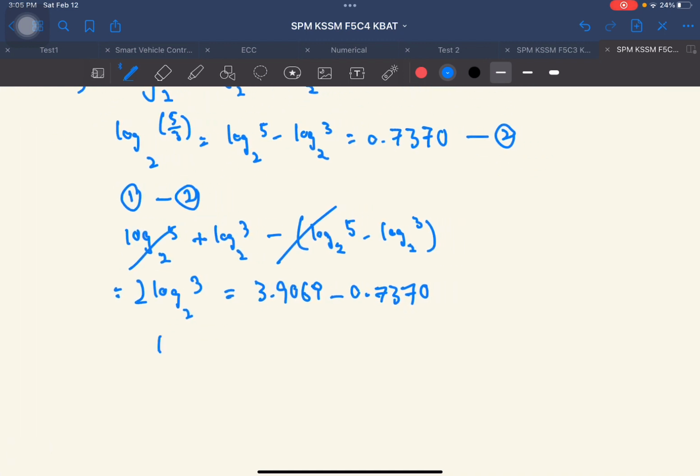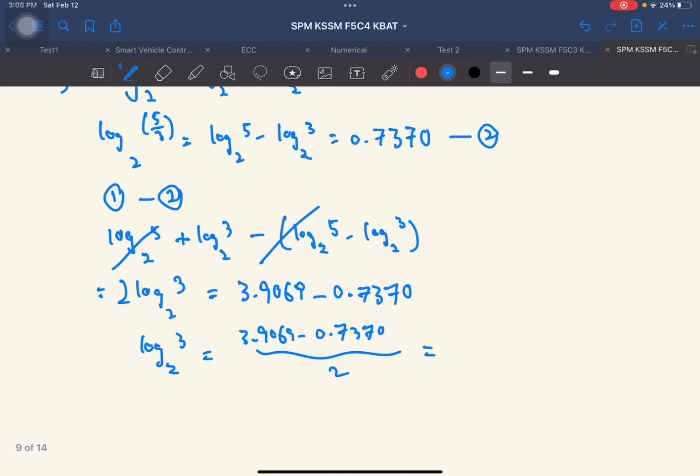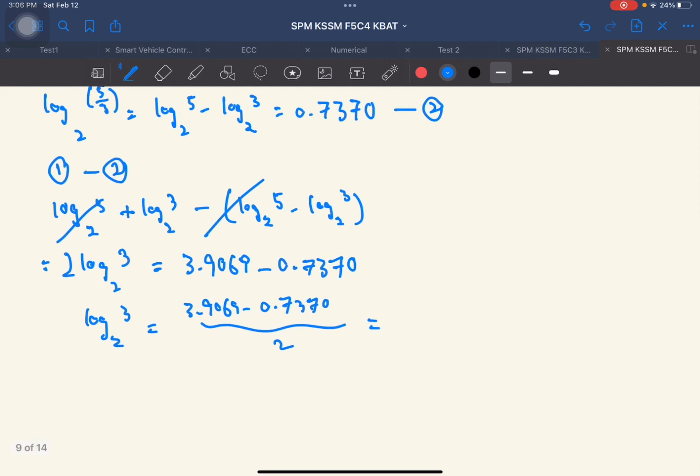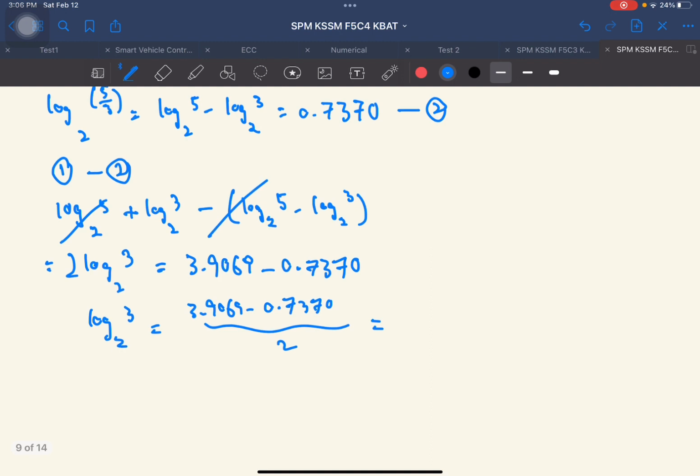So you know log 3 base 2 equals to this thing divided by 2. And by pressing the calculator, or you would like to do it on graph paper, you got how much?